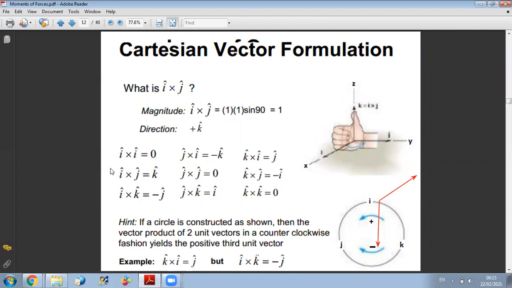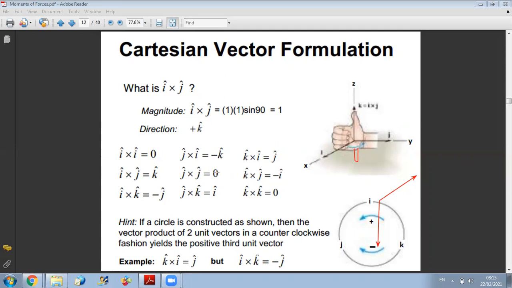And of course, I can verify this in magnitude and in direction, because the magnitude of i vectorial j is 1 and the magnitude of k is 1, and concerning the sense, it's given by the right hand rule. Now if I take the opposite, j vectorial i, then if I try to curl my hand from j towards i, you will see that your thumb will point downward. So in this case, you will have j vectorial i equals minus k. I can repeat this procedure for several combinations of vectors, and I will obtain the result.